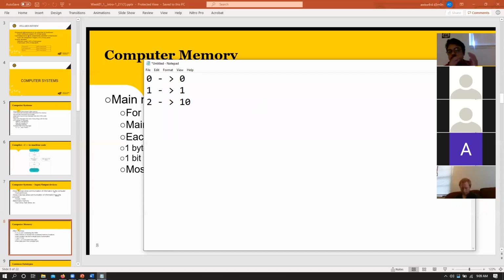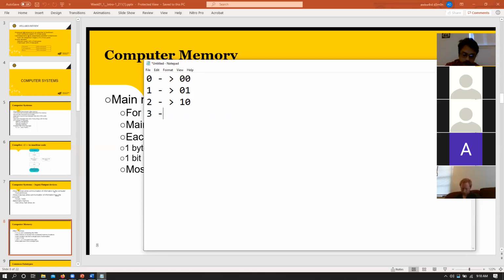So we are basically using two different numbers. The first number is 1, the second number is 0, and we represent 2 as 1, 0. So since we are using two digits, we need to represent 0 as 0, 0. We need to represent 1 as 0, 1, and then we can represent 2 as 1, 0.